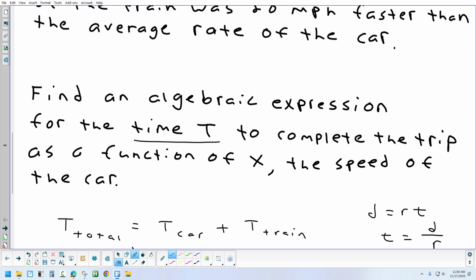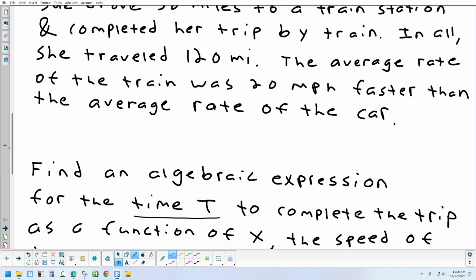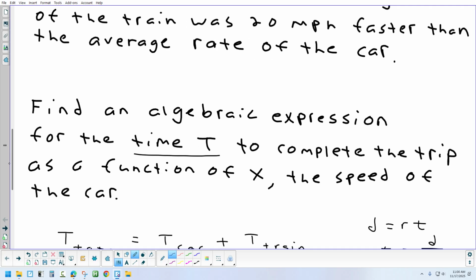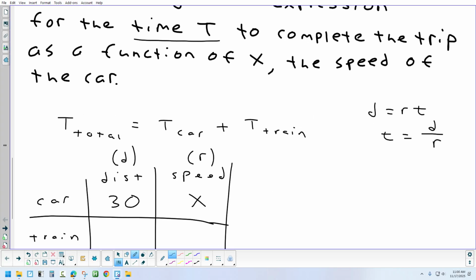Miles per hour. I'm thinking more of a, not a unit. Yep. R. I don't think they gave us a letter R anywhere in the word problem. So I guess. Yep. X. They said let X be the speed of the car. Okay, so X is the speed of the car. We don't know it, but we do have a way to represent it.